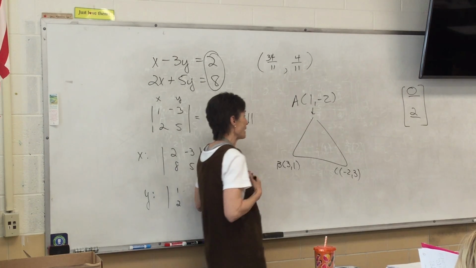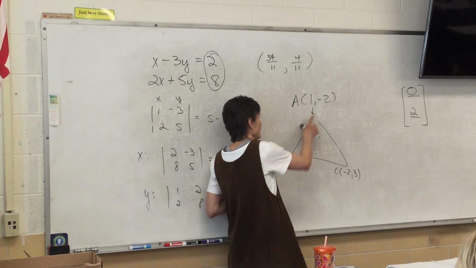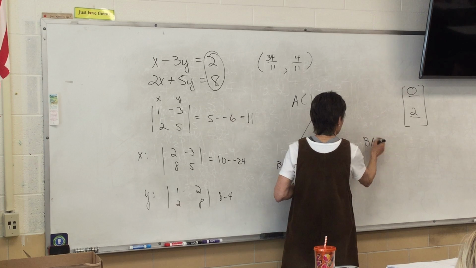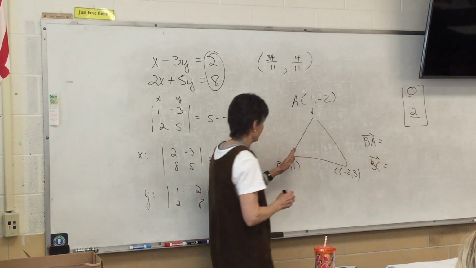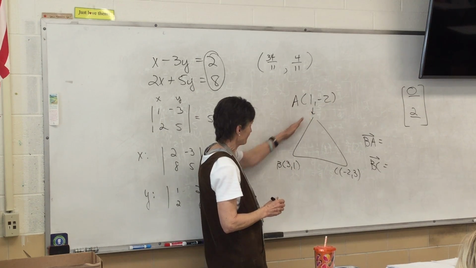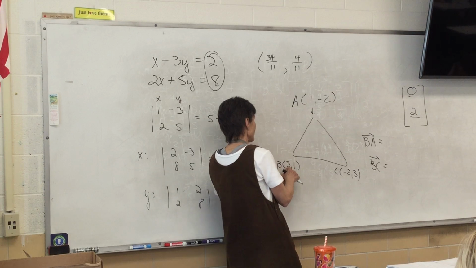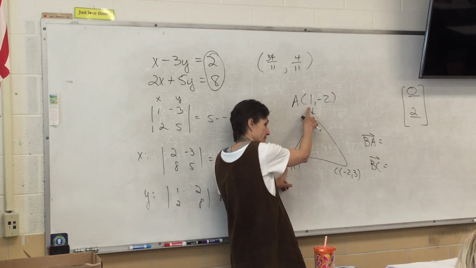So I'm going to choose the way I have this thing oriented. I'm going to find BA and BC. So vector BA and vector BC. Now, in going from B to A, how am I moving? 3 to 1.